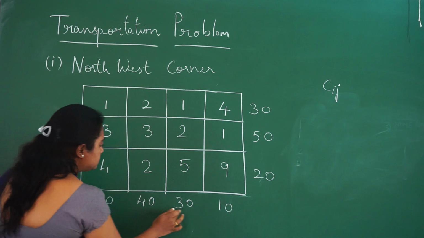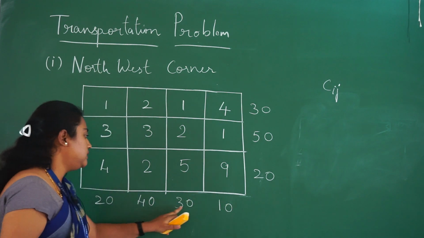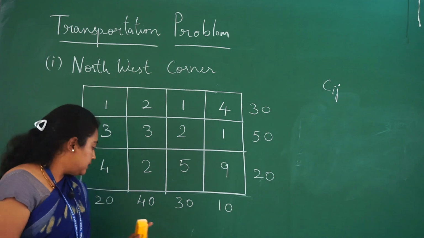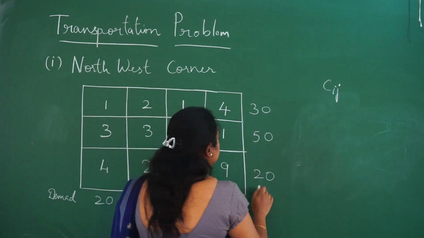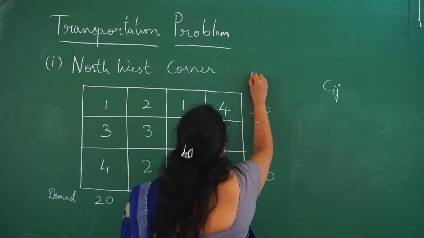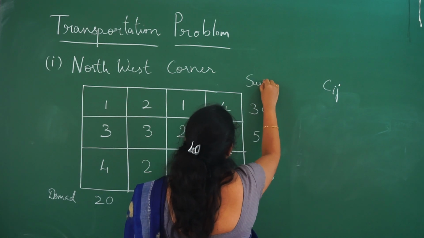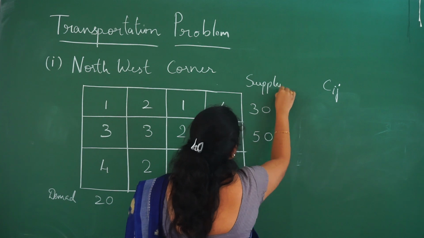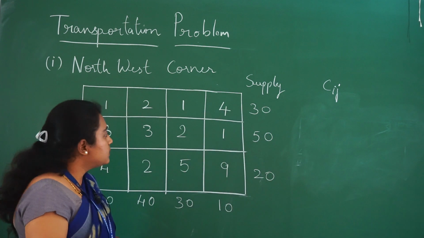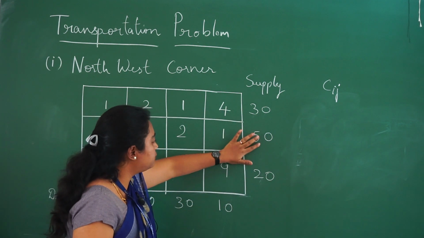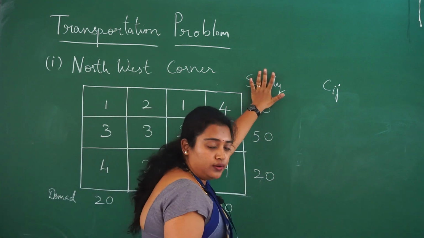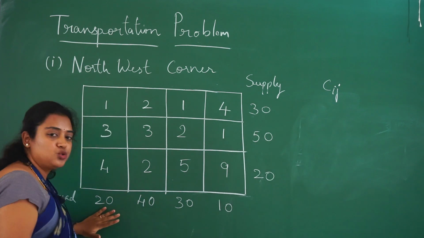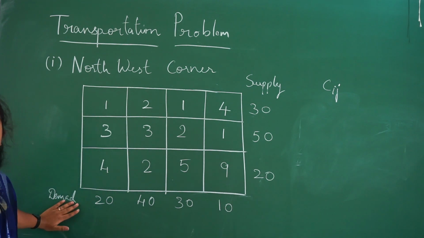The elements you are seeing, 20, 40, 30, 10, are the demands made by a customer, and this is the supply a businessman can give. The supplies 30, 50, 20 are the number of products the owner has, and these are the demands made by the customer.